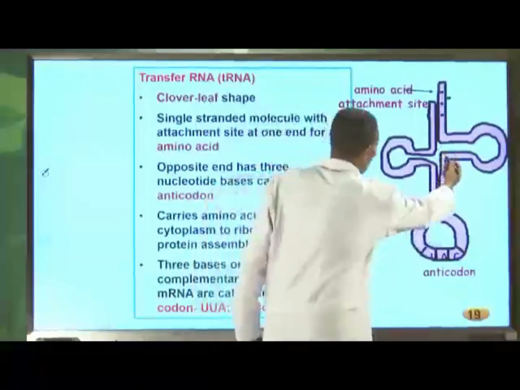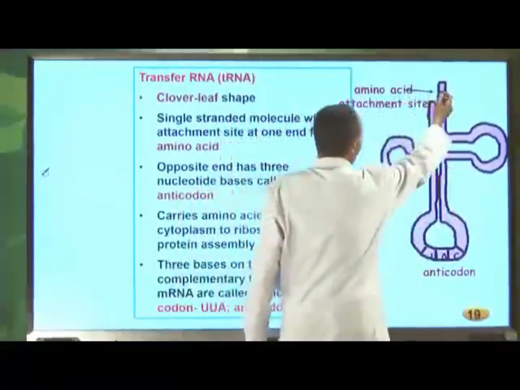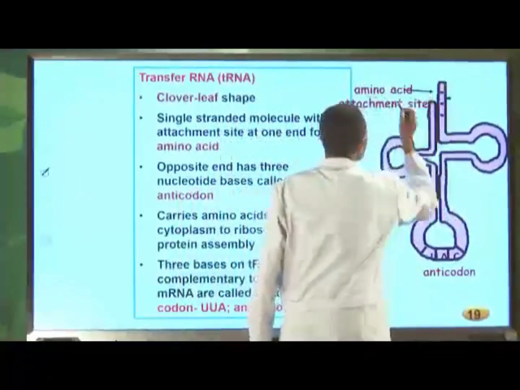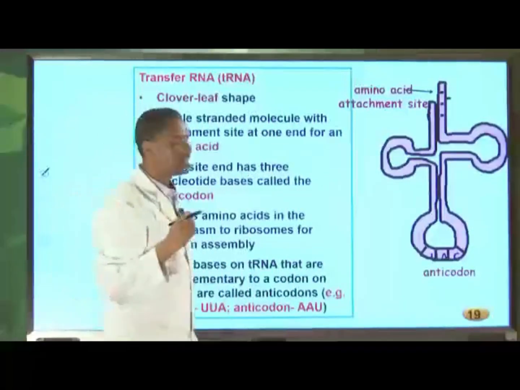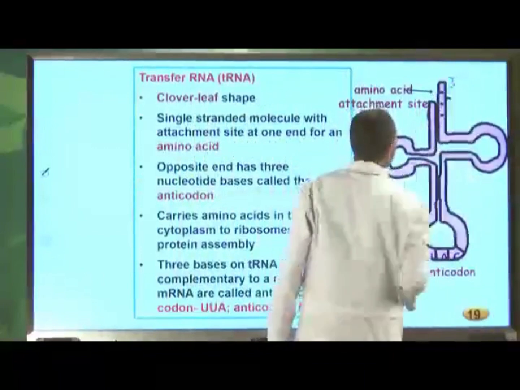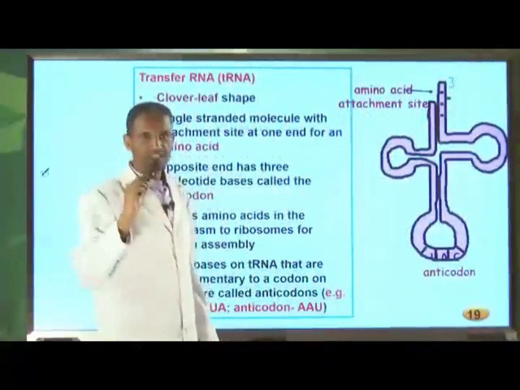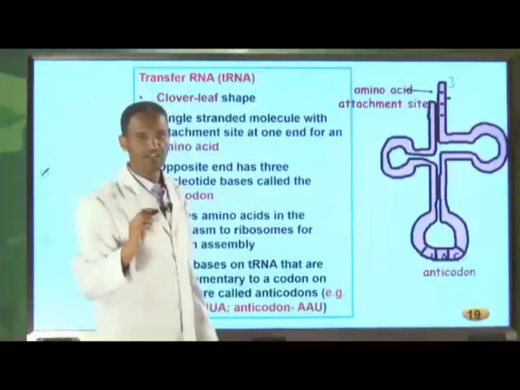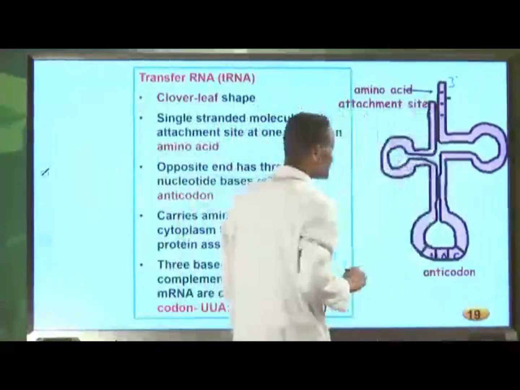At one end, it has the site at which an amino acid is attached. Here, this is the 3' side of transfer RNA. At the 3' side of transfer RNA, the amino acid can be attached.